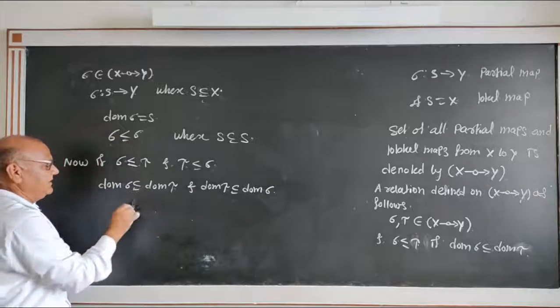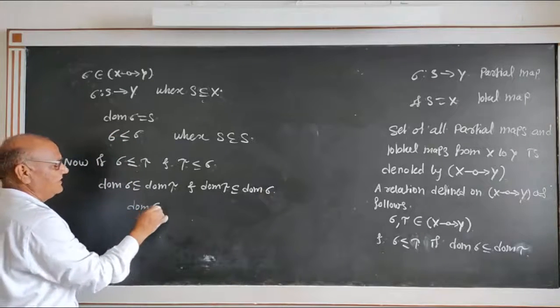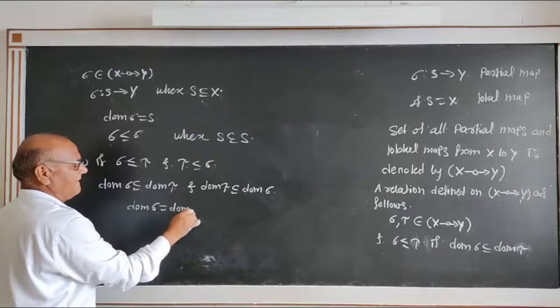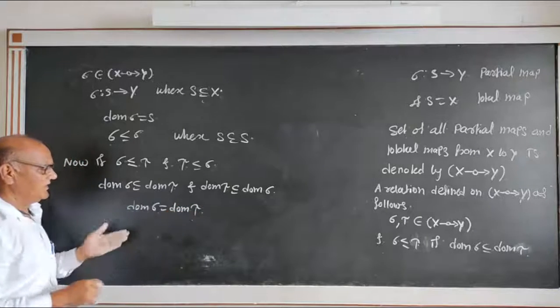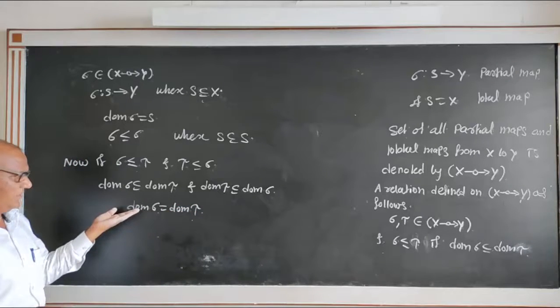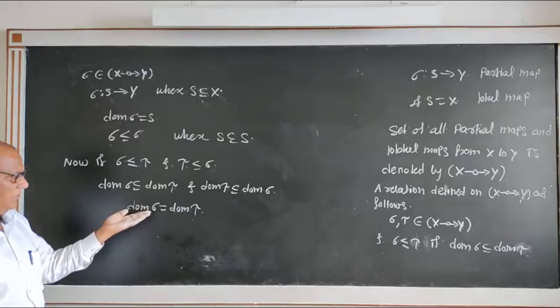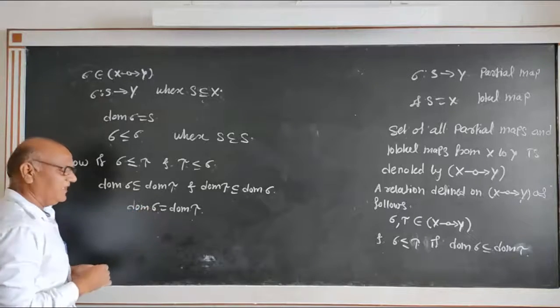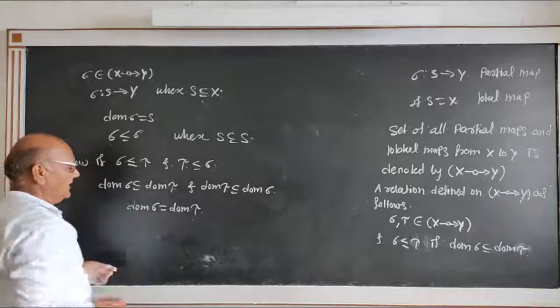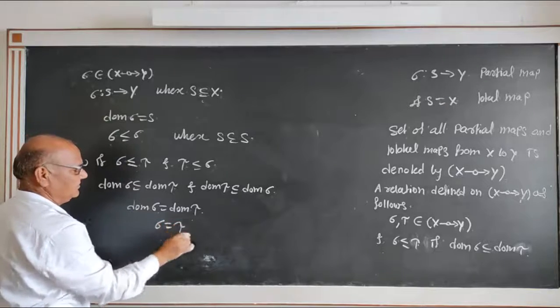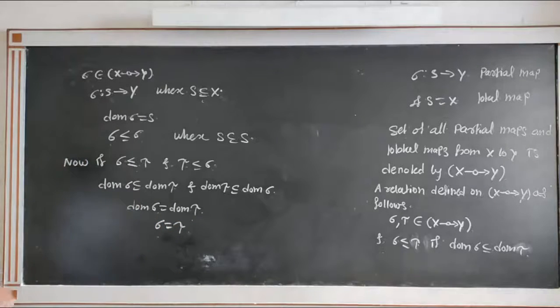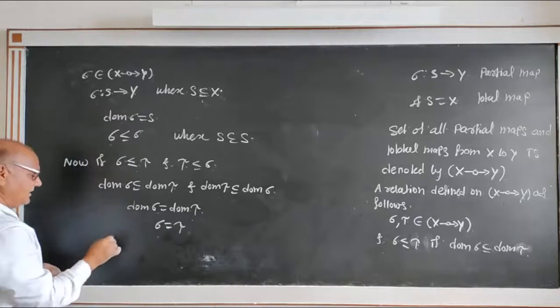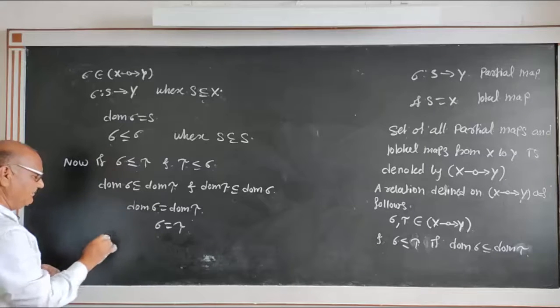Clearly domain sigma is equal to domain tau, so both functions have the same domain, and the codomain is also Y, and so sigma is equal to tau. That means this is antisymmetric.